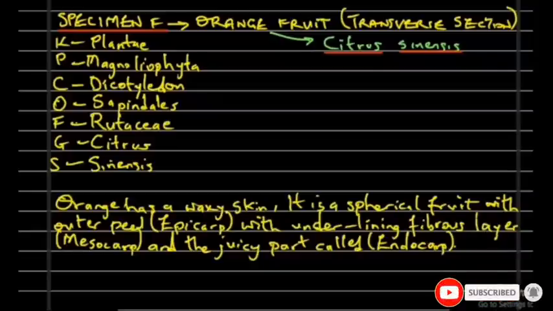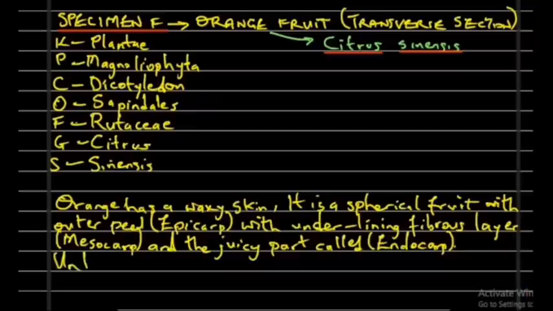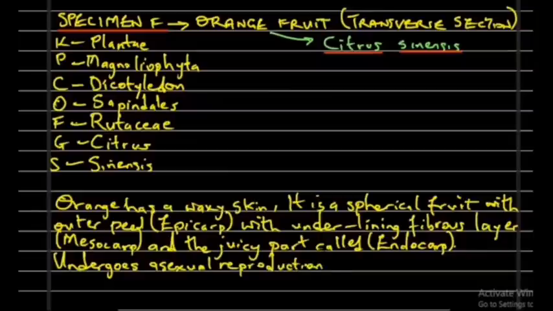It undergoes asexual reproduction. So when we talk about how it is propagated, we propagate this particular organism by grafting, or sometimes by budding.